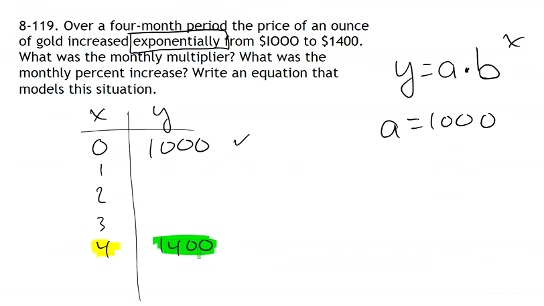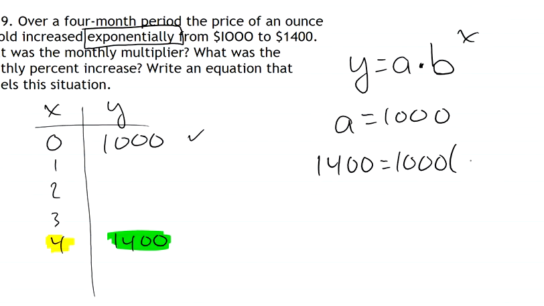So I can use that XY point to figure out the rest of the missing pieces. I can write the equation 1,400 equals 1,000 times this monthly multiplier that I don't know, let's label it B, raised to the 4th power.